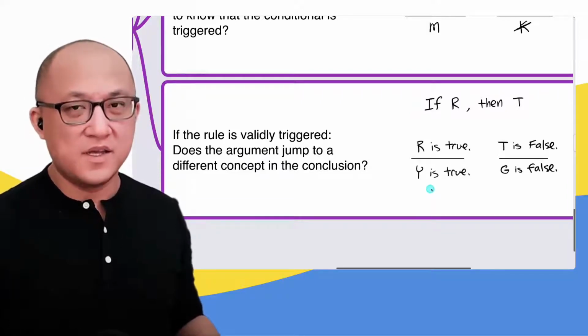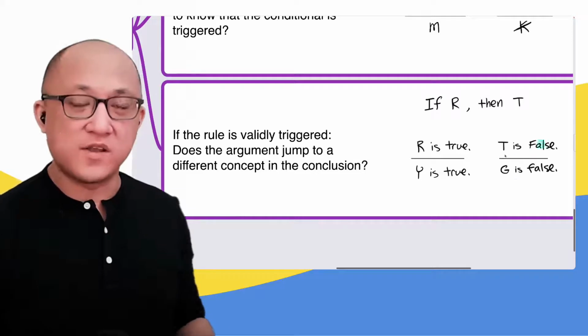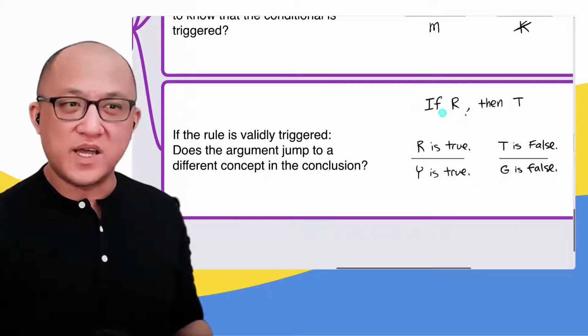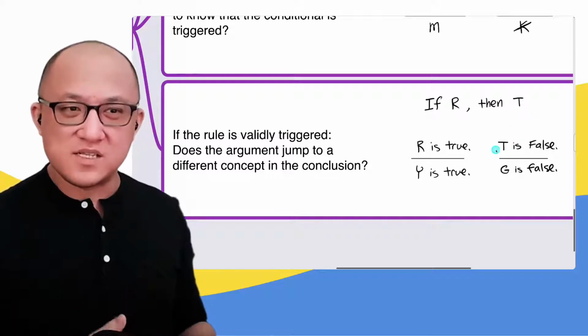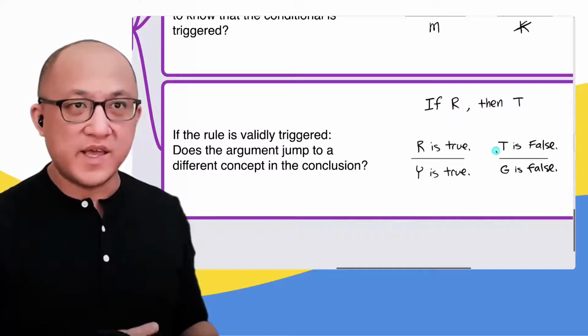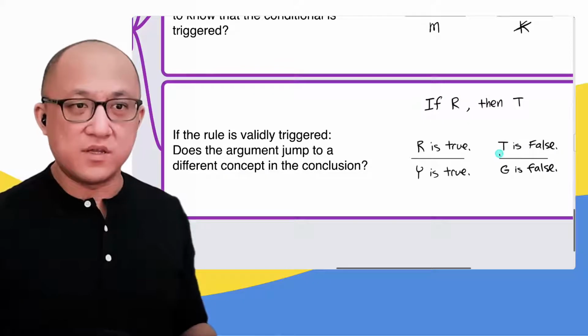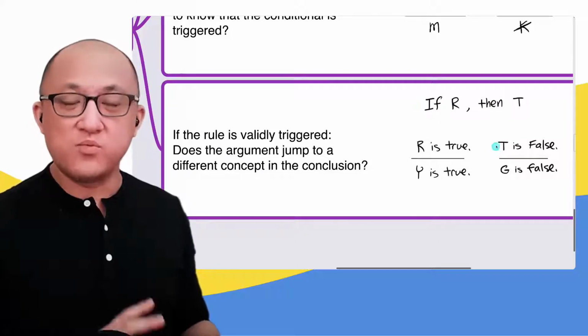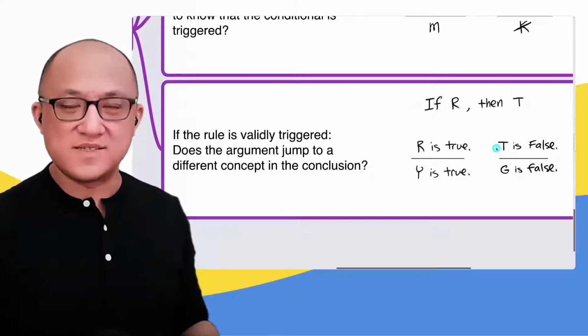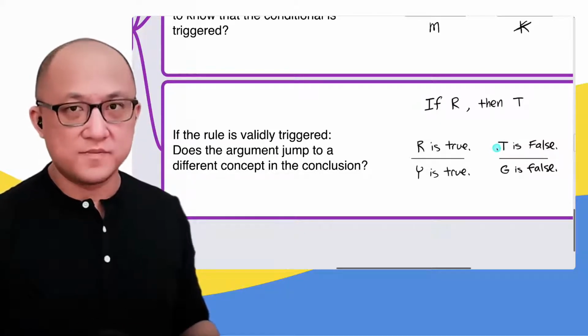All right? Same thing with the argument on the right. If I got this conditional, if R then T, and then I see a premise that says T is false, then ideally, before you even process or read the conclusion too deeply, you would want to recognize, okay, the appropriate conclusion to reach is that R is false, that R is not true.